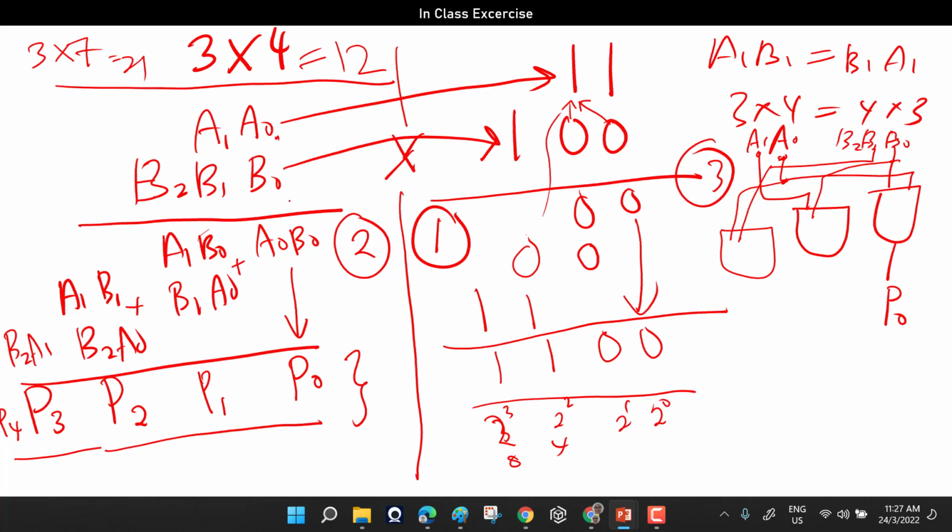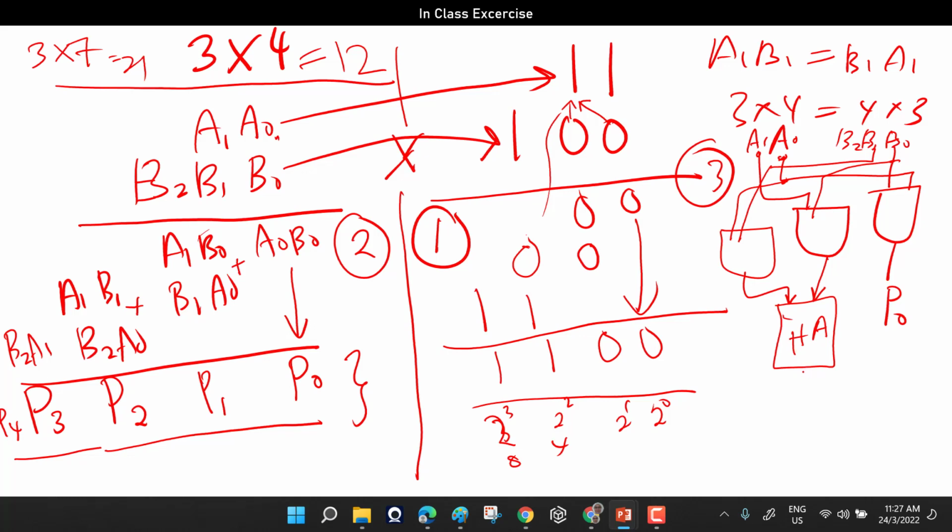Then these two things need to be added together. When it involves an adder, you always have two options. You can use a full adder or a half adder. Okay, but please take note. If it is the first addition process where you only have two elements, a half adder is fine. But at this stage, where you require a carry in, you need to be careful. If you were to use a half adder, one of your inputs is coming from the first gate here, and the second input is coming from the second gate here.